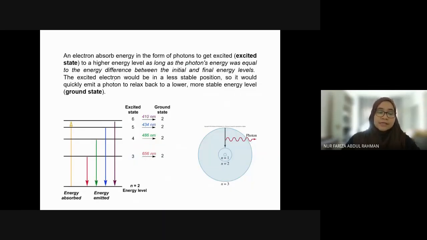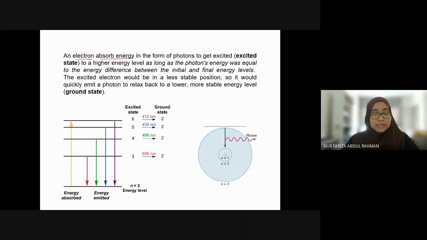This is an explanation of the experiment just now. Why do we observe colors after we have passed the electric current through the hydrogen gas tube? What actually happened was an electron of the hydrogen atom absorbed energy.